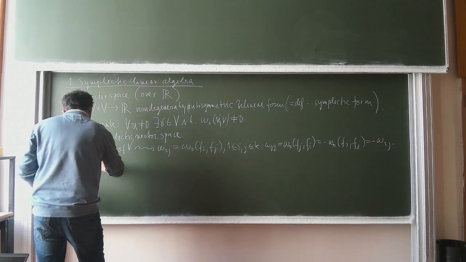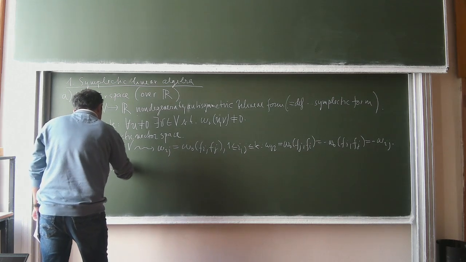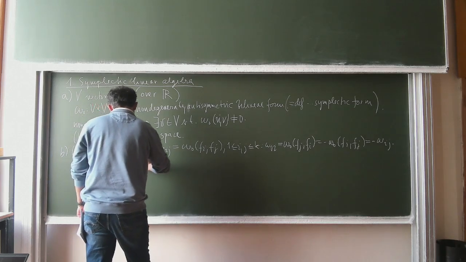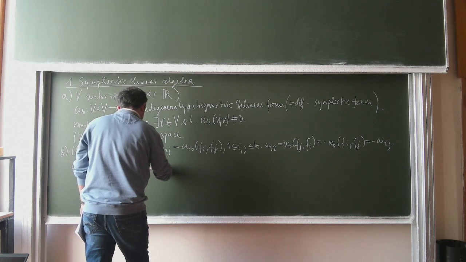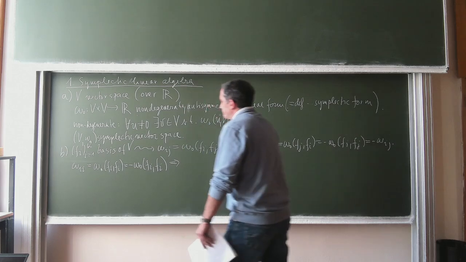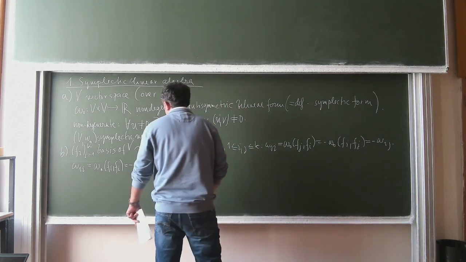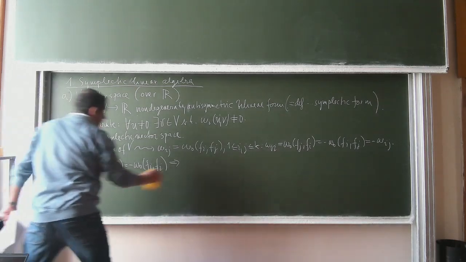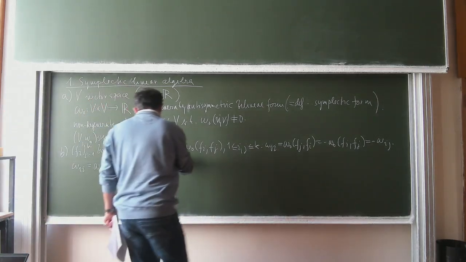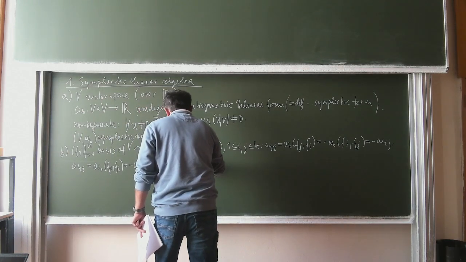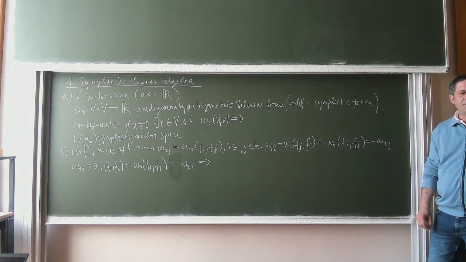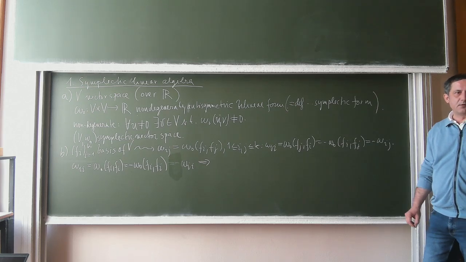Omega ii is just omega 0 of f_i, f_i, which is minus omega 0 of f_i, f_i. By definition this is minus omega ii, and now we would like to cancel omega ii, but we are not allowed because we don't know whether this is 0. Actually, we would like to prove that this is 0.